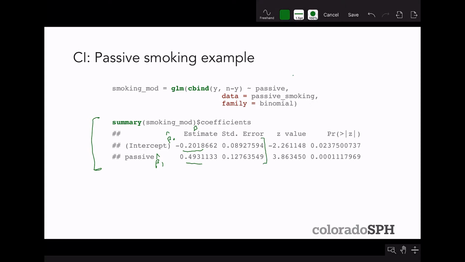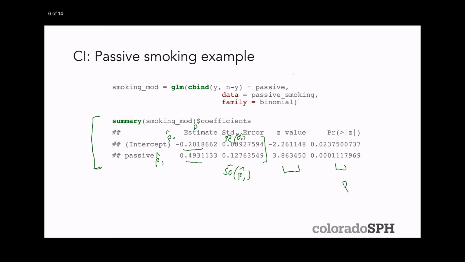So that's going to be your standard error of beta 0 hat and your standard error of beta 1 hat. And they also give you a Z value here and a P value. And that P value is actually constructed using the Wald statistic as well.